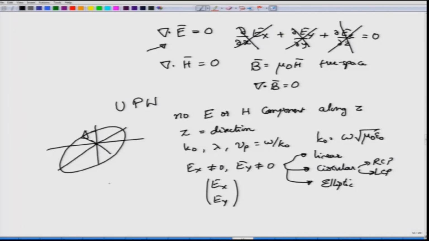Okay. Further, the nature of this uniform plane wave was such that as the wave was propagating along the z direction, if the electric field is along the x direction, then the magnetic field will be along the y direction, because then E cross H would point along z.